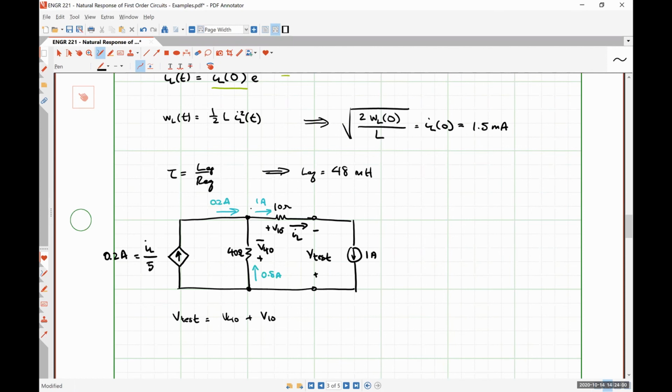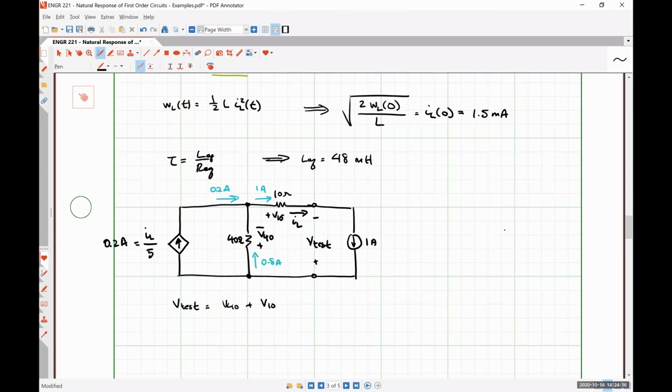We are all okay with that analysis. So defining our voltage drop over the 40 ohm resistor to where the 0.8 amp flows in the positive polarity terminal, and defining our voltage drop over the 10 ohm resistor such that the 1 amp of current flows into the positive polarity terminal, and writing a Kirchhoff voltage law equation where we would have V40 plus V10 minus V test is equal to 0, and rearranging we get the following KVL expression.